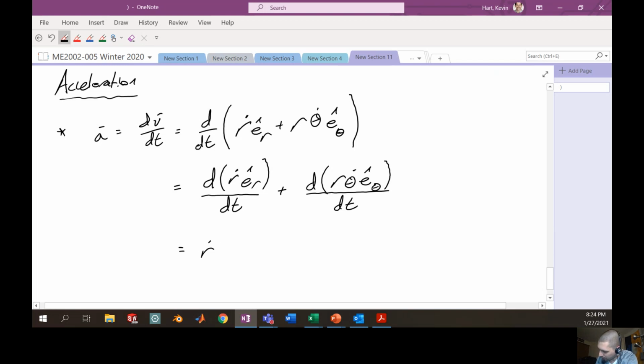So here we have something like r dot times the derivative of e hat r with respect to time plus dr dot dt on e hat r. So it's kind of coming from the first term.